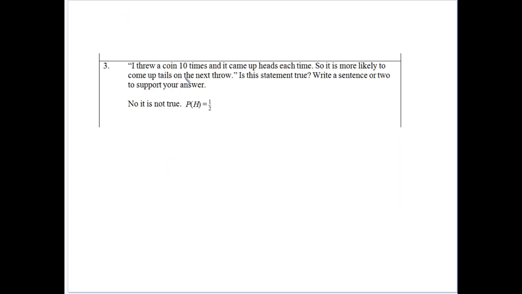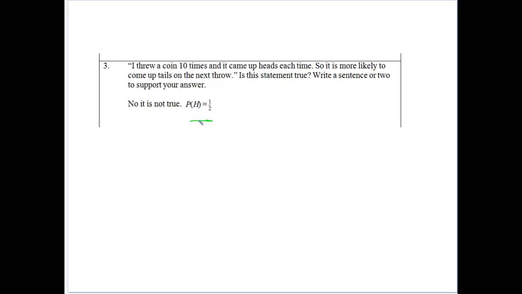If I threw a coin 10 times and it came up heads each time, is it more likely to come up tails in the next throw? Is the statement true? Why is it not true? It's not a case of the coin having a memory, and we've got to realise this. It's like, oh wait on, we're due for a tails. No, we're not. The coin doesn't have a memory.